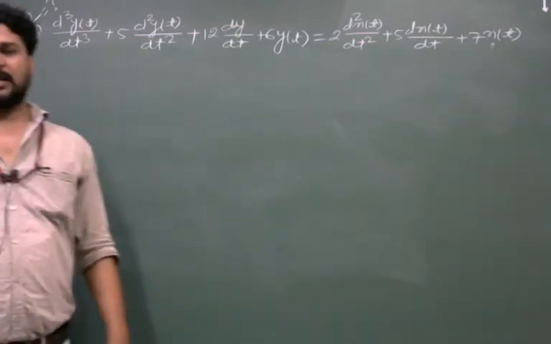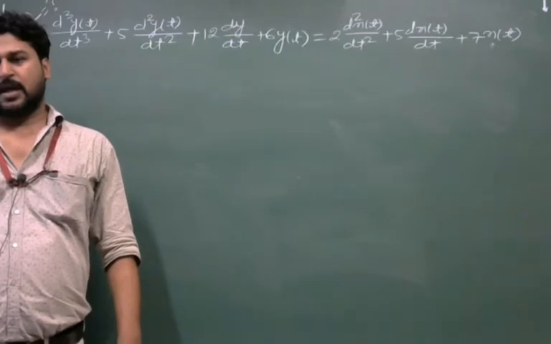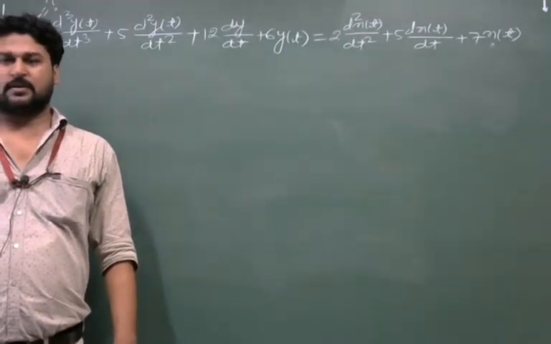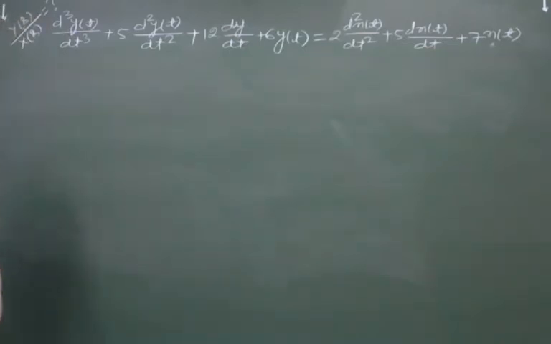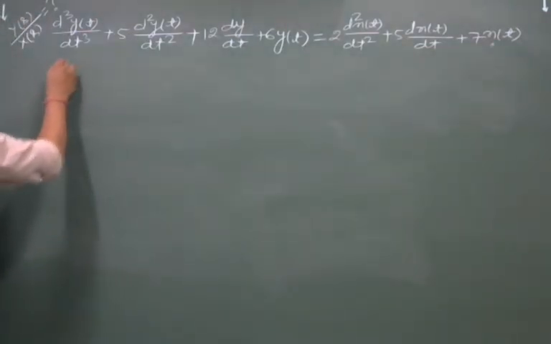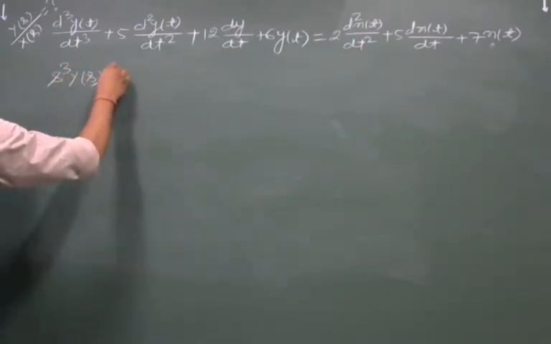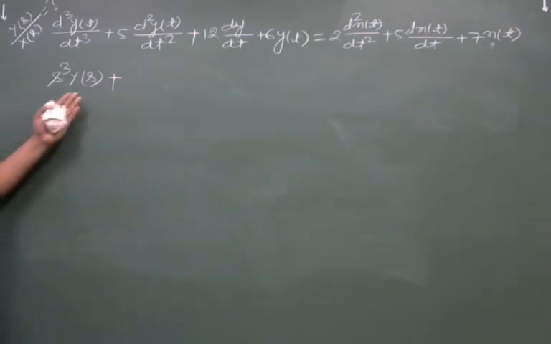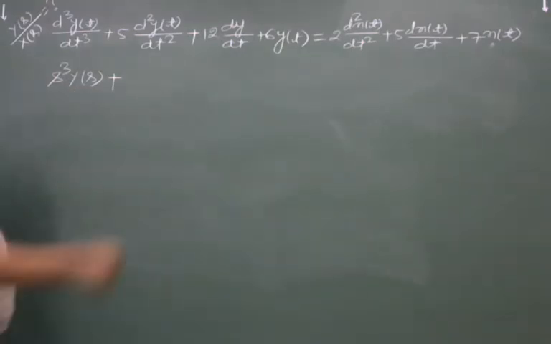So if we take the Laplace transform of both sides, in this question also the initial conditions are not given, so we will consider them as 0. If the initial conditions are 0, then d cube y of t upon dt cube will be simply written as s cube y of s, while we will ignore all the other terms because the initial conditions are 0.